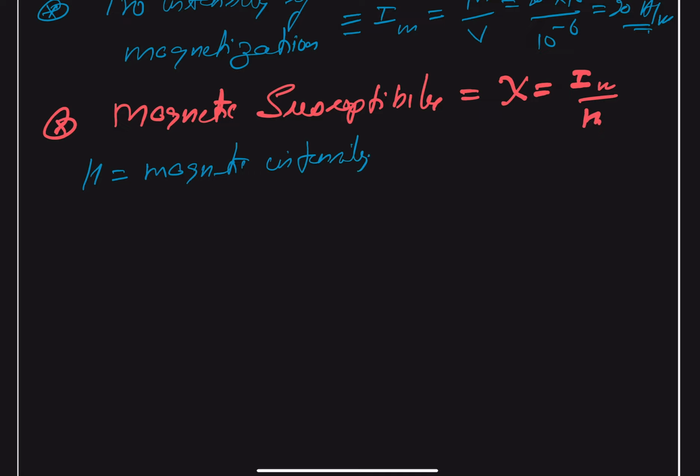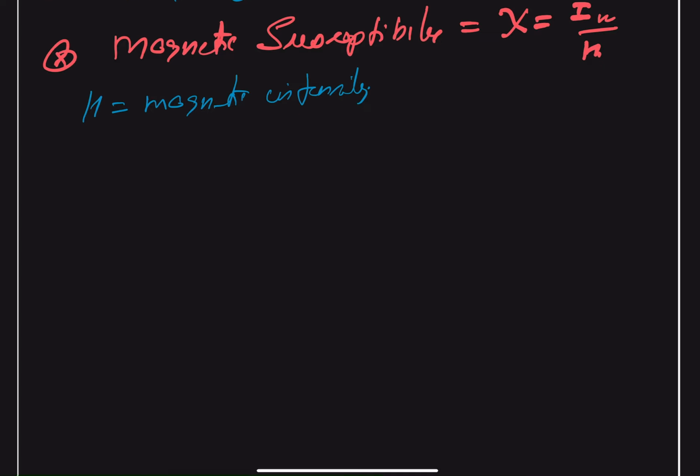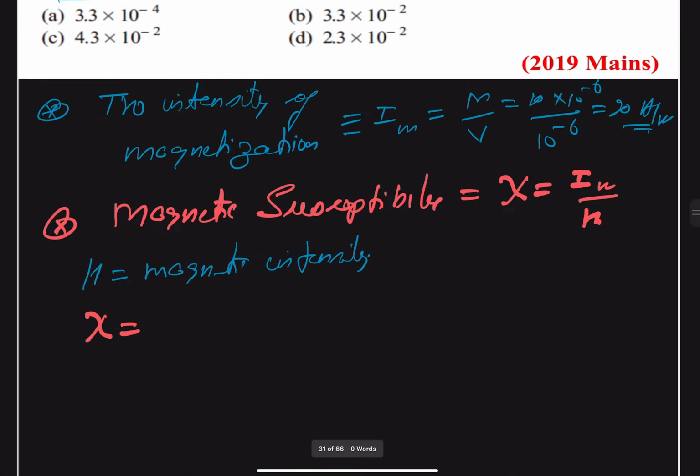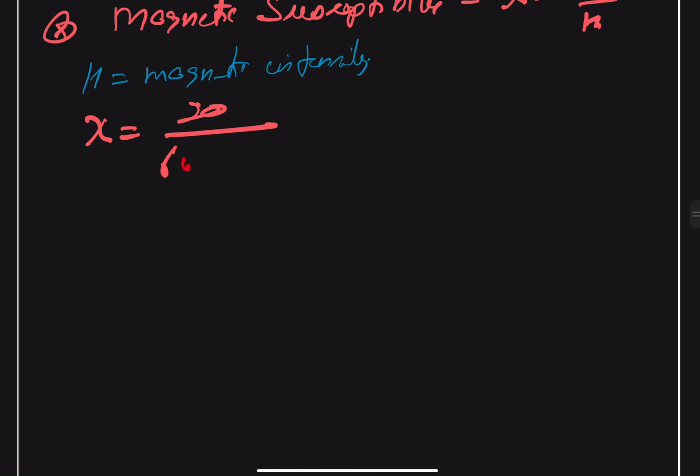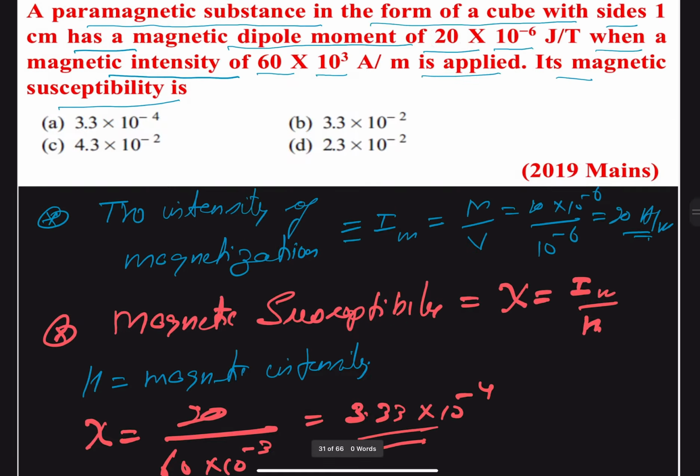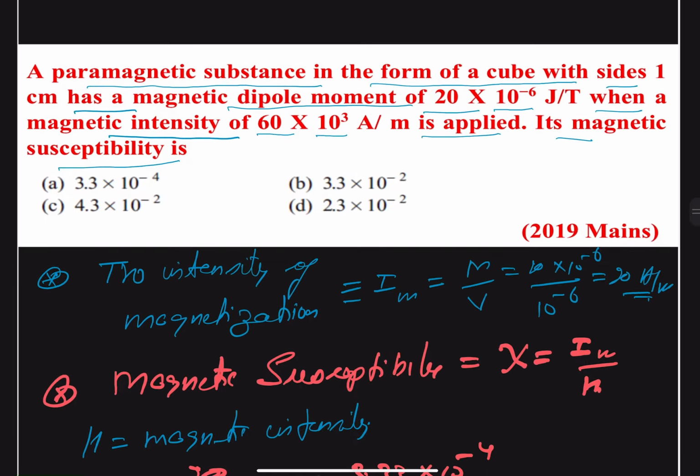So now it's quite straightforward. Susceptibility is equal to 20 divided by 60 into 10 to the power minus 3. So this gives us 3.33 into 10 to the power minus 4. Option A is correct.